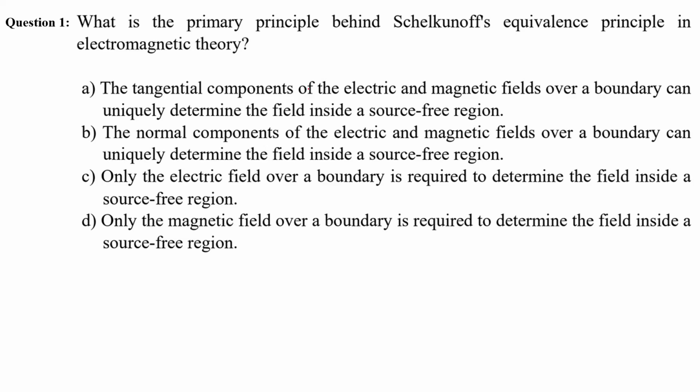Using those current densities, we find out E and H over a far field. That's what has been done for the slot antennas, and the same principle was used for microstrip antennas also. So option A is correct.